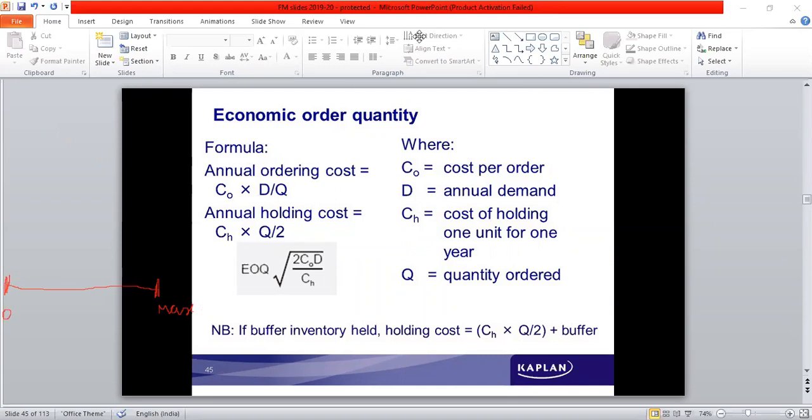When material is maintained at the maximum level, it doesn't remain at the maximum level all the time, because material is issued to the production department, it is consumed for whatever the purpose is, so it keeps decreasing.